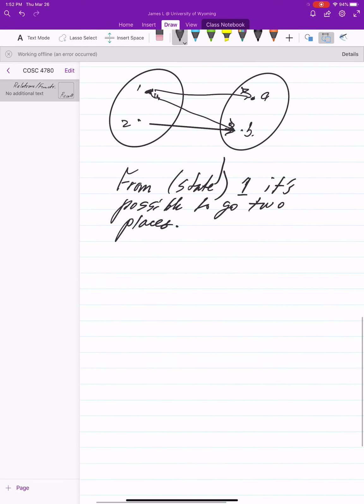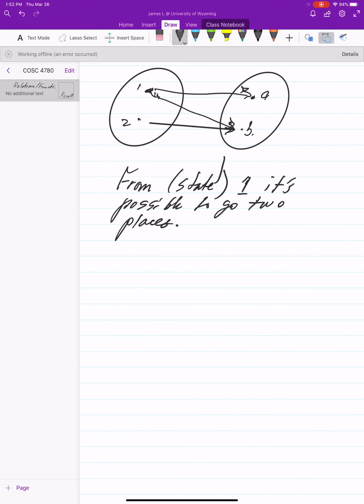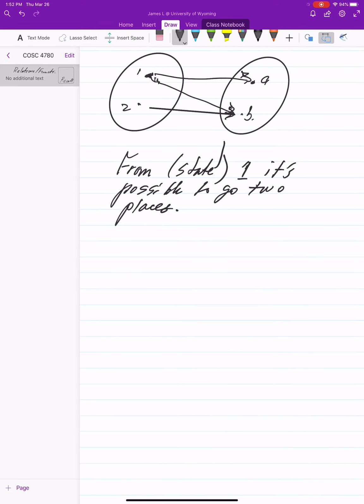Now, if you have a function, then it's deterministic. So you might recall the definition in the book for determinism, for example, the big step semantics on arithmetic relations.